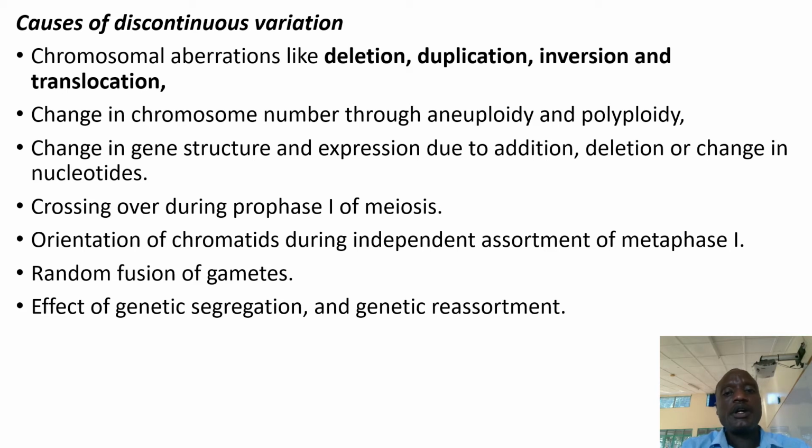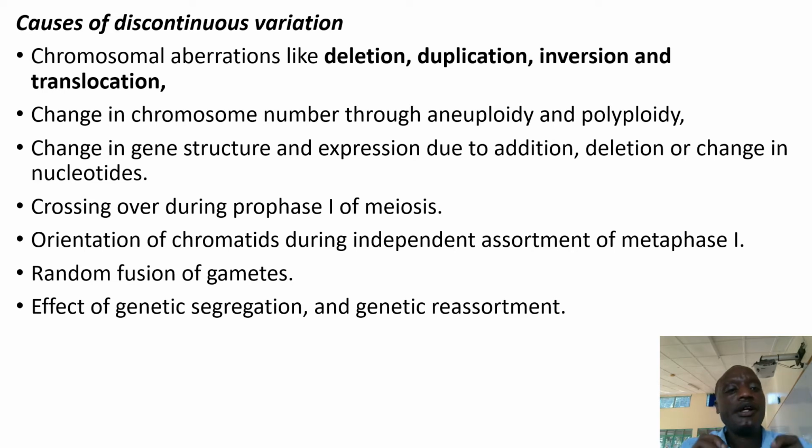Then there's the condition where the whole set of chromosomes multiplies inside the cell, which is what we call polyploidy. In aneuploidy, you find a number of chromosomes which does not reflect the normal number of chromosomes we know.